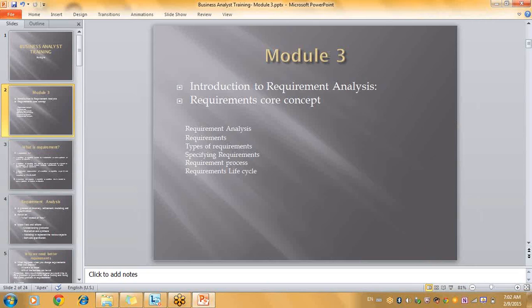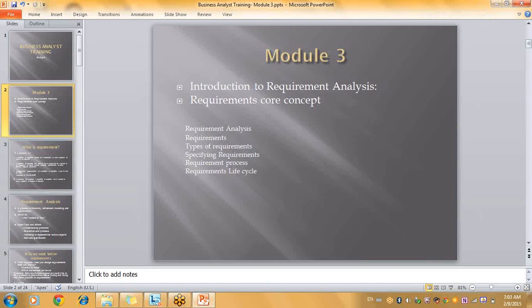And the second module was the SDLC methodologies, where we covered waterfall and agile. And the third module, starting from the third module, is your core concept of business analyst, right? Starting with the requirement: what do you mean by requirements, how many types of requirements we have.